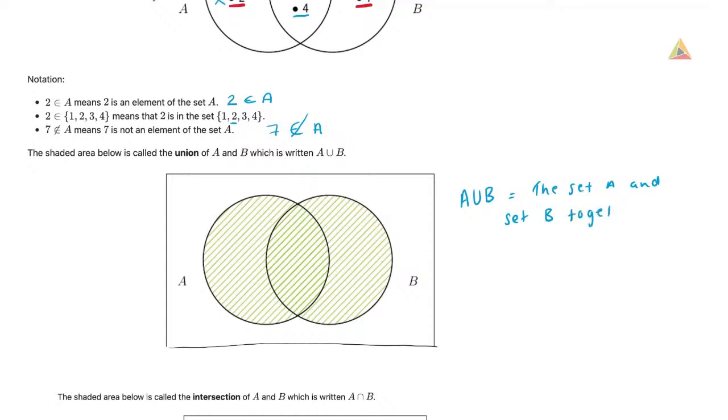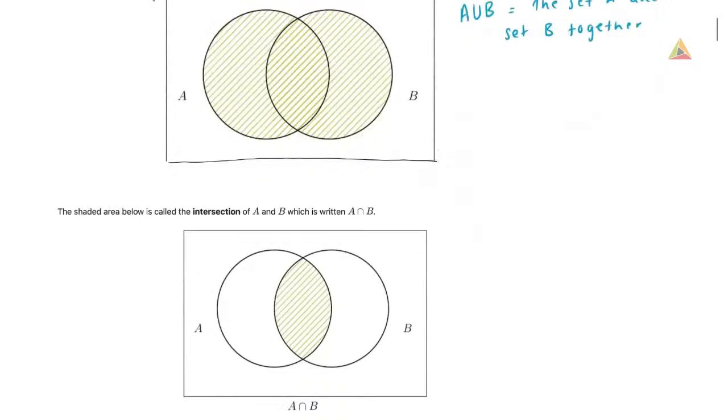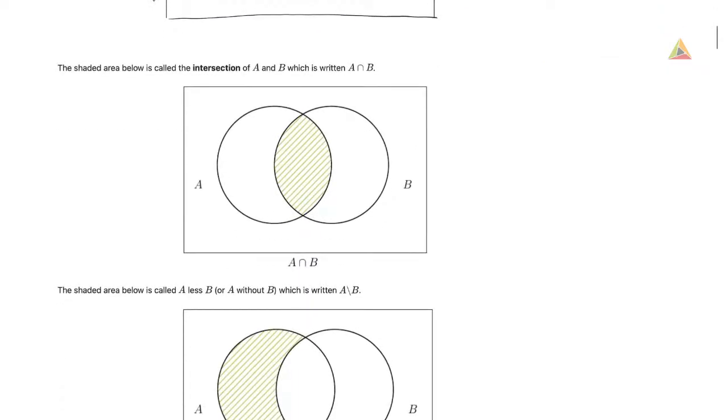As you can see, it's shaded there on the diagram. If we go to the next diagram, the shaded area below is called the intersection of A and B, and it's written as A intersection B. So that means the intersection of A and B.